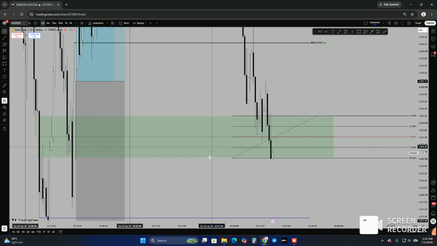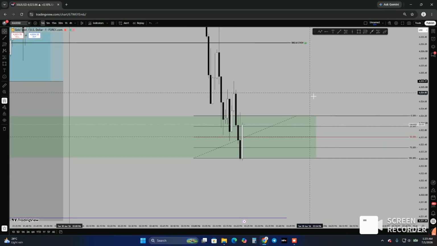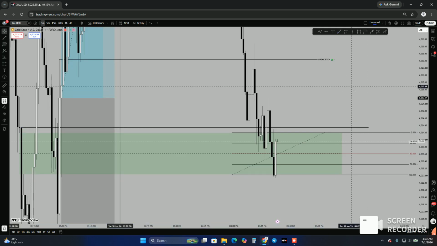My break even, and he initially took out this low, but I don't want to see price go above this gap again, or this gap high.